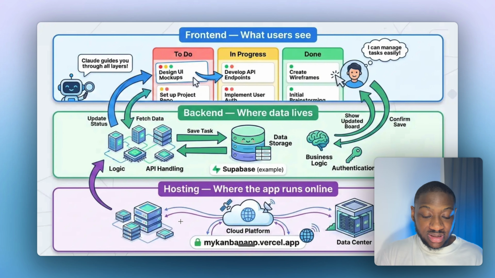And then finally, there is hosting. As I was explaining with the localhost link, if you want to make your application available on the internet to other people, you'd have to host it on a hosting platform. The most widely used and easy to use one is Vercel. If you tell Claude Code you'd like to host this application on Vercel, it's going to make the application ready to be hosted by Vercel.